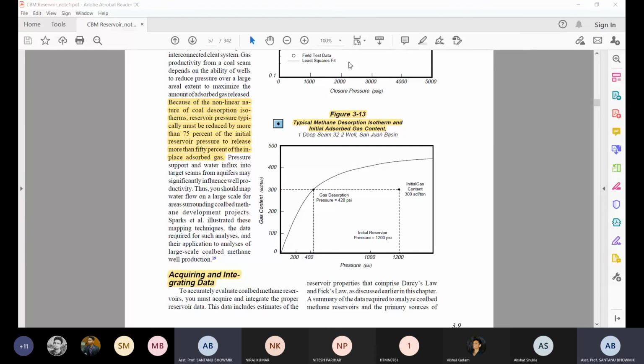At this higher effective stress, the apertures, or the open fractures, will try to close because the surrounding stress is much higher, and that's why its permeability is going to reduce. Is it okay to understand now?